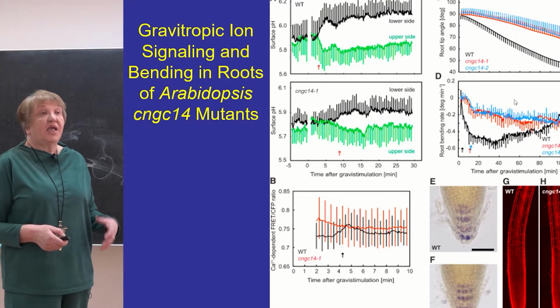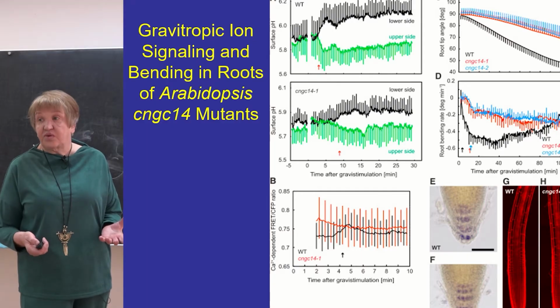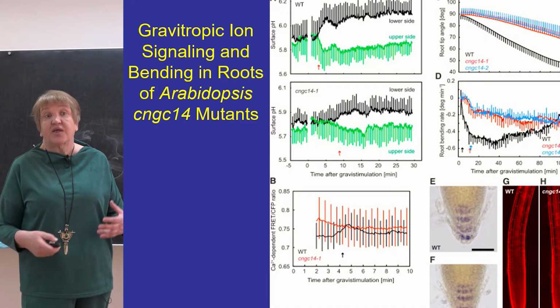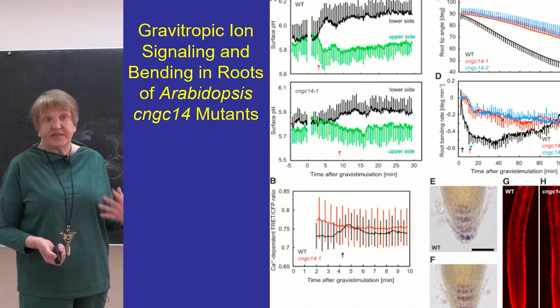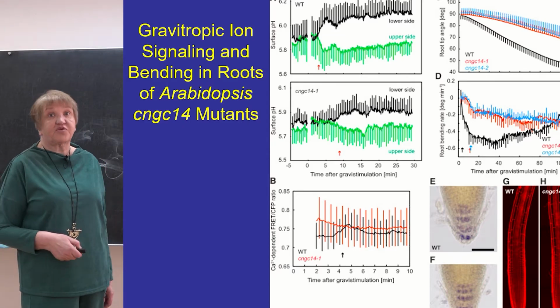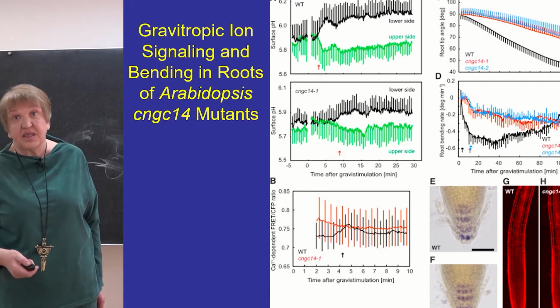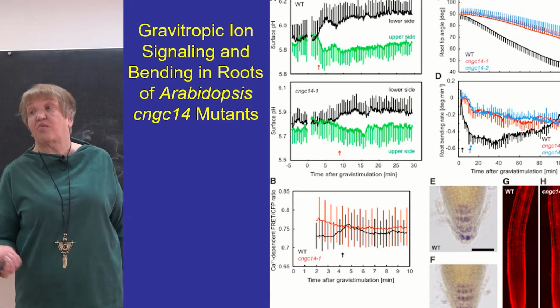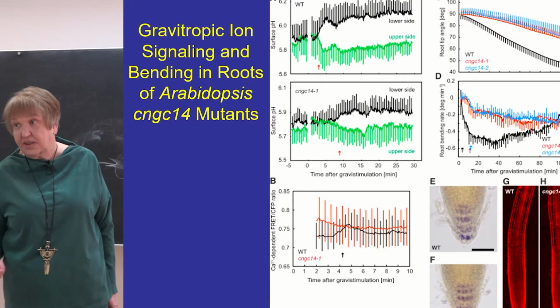You can see it by comparing bending of the wild type and the mutants. And an obvious control you can think of, right? Why else could the gravitropic response of the root be inhibited? It can be inhibited if there is a problem with statolytes, for example, right?